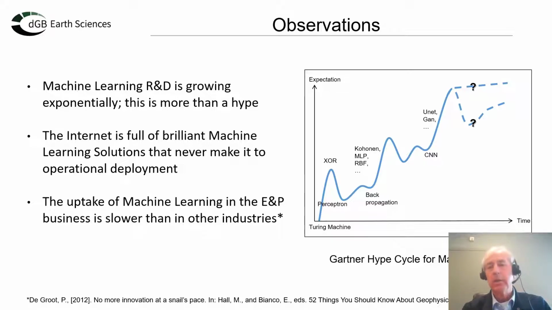We saw the discovery of the biological neuron and the mathematical analog of it, the perceptron, and then suddenly in 1969 a paper by Minsky and Papert came out on a rather simple problem, the XOR problem, that could not be solved by a single perceptron, and that caused the first phase of disillusionment.